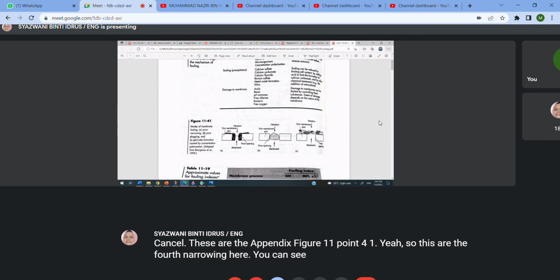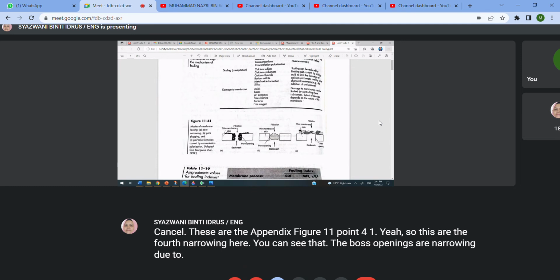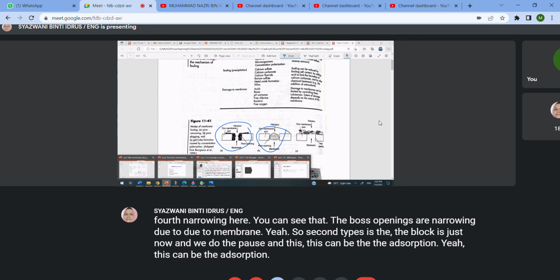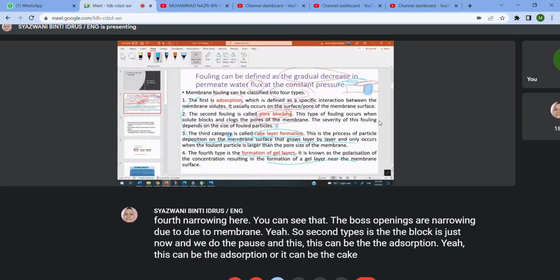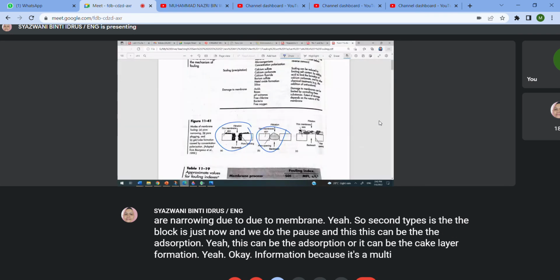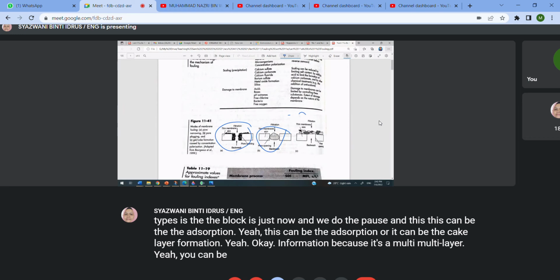You can see that the pore openings are narrowing due to the membrane. The second type is the blockage just now, within the pores, and this can be the adsorption, or it can be the cake layer formation, because it's a multi layer.